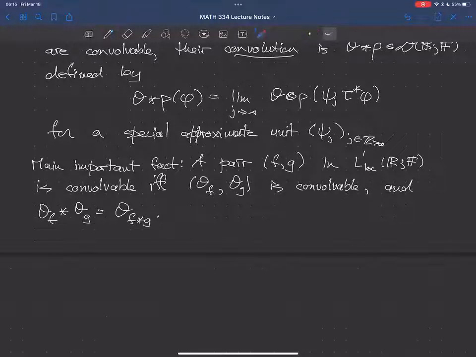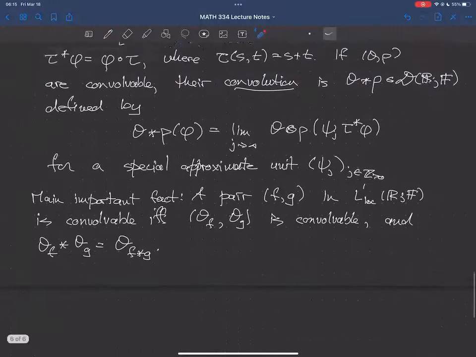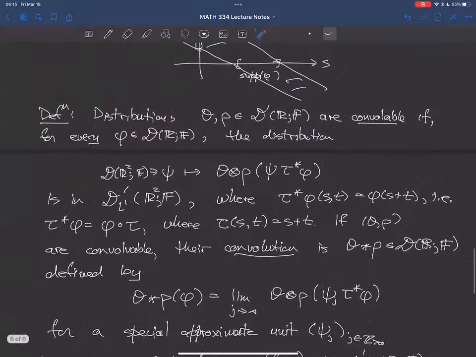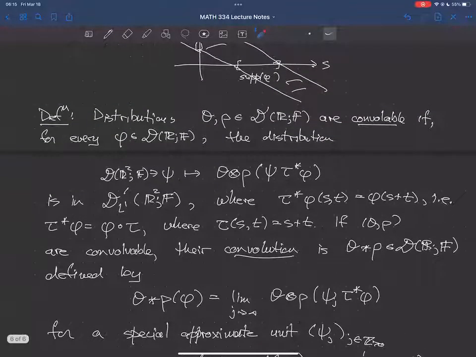When you normally talk about convolution, you still have to talk about the tensor product, so you don't avoid that bit of technicality. The only thing you need to do on top of the normal discussion is to talk about this space of integrable distributions, because that's where you get the notion of convolvability. So that's good.